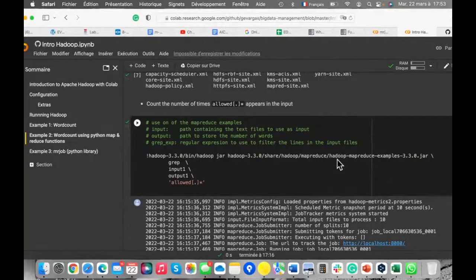Well, here this is Java. So when you use Java, you implement your map and your reduce functions. And here there are other examples, but suppose that grep is the only one, and you have to create a jar. And then once you have the jar, you call the one that you want to execute that contains the map and the reduce.